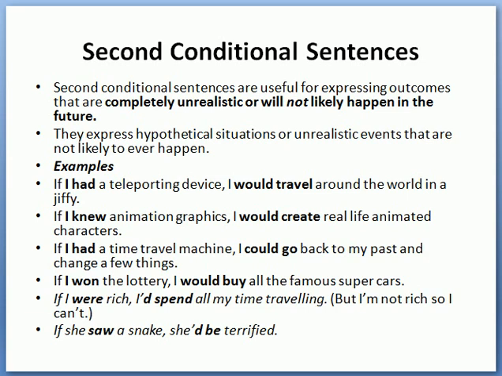The first thing that we get to know about the second conditional sentences is that they express situations which are completely unrealistic and things that will not likely happen in the future. They express hypothetical situations or unrealistic events that are not likely to ever happen.